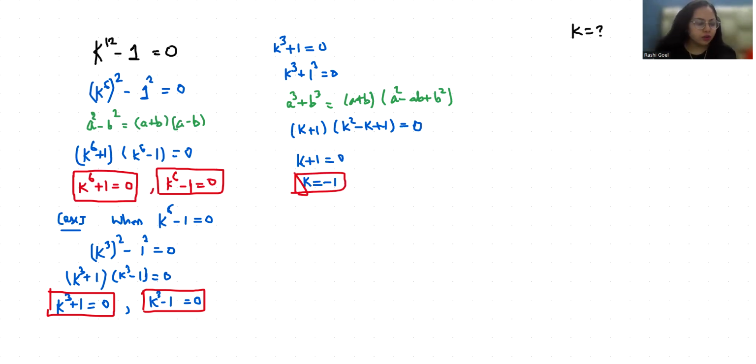Now second value, k square minus k plus 1 is equals to 0.